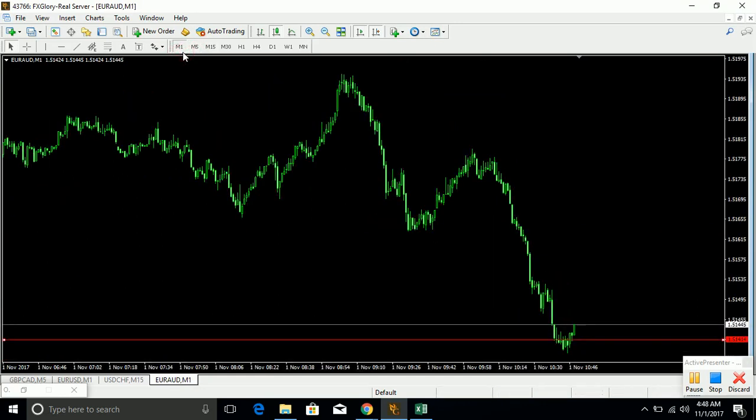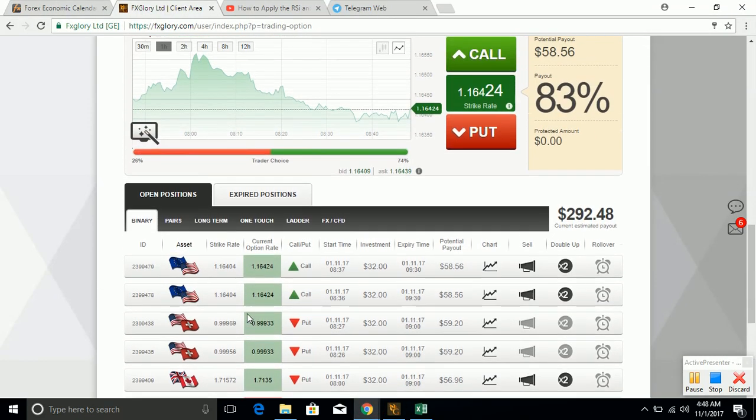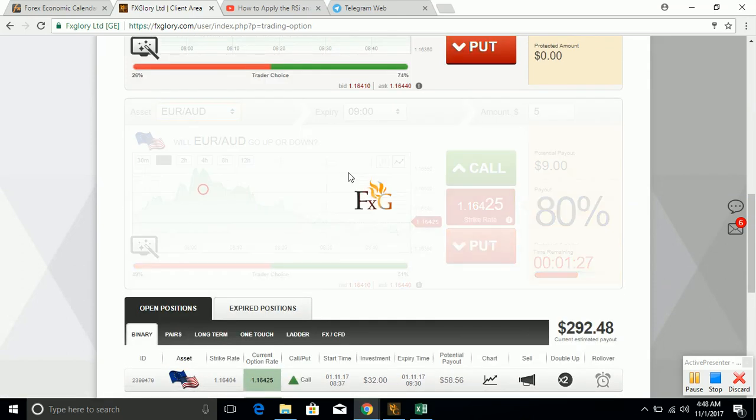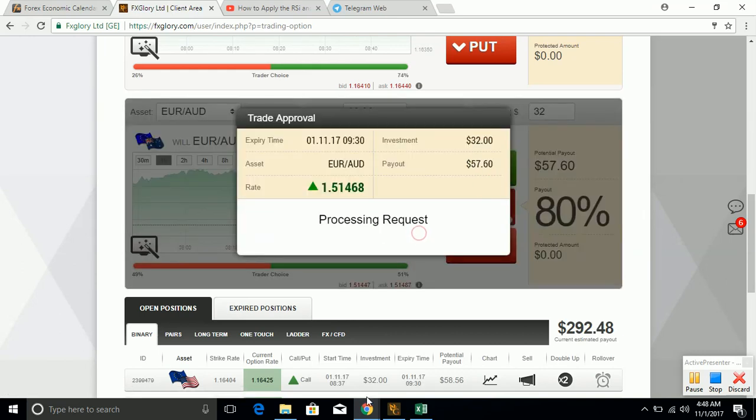So what I can see here is a real nice buying opportunity on the Euro Aussie. So I'm moving. I told you guys I'm moving today. So let's go ahead and take a buy on the Euro Aussie as well.